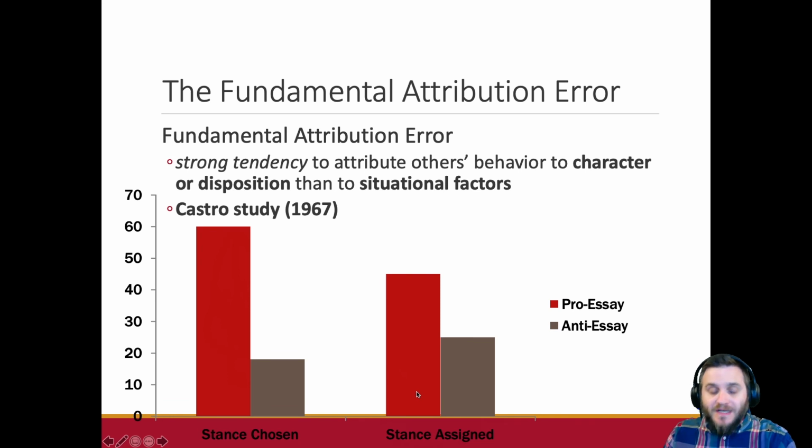Participants inferred that the author's true attitude matched the position advocated in the essay, even when told that the author had no choice in what position they took for the essay. And that's incredible. This is a statistically significant difference, by the way. So even though a correct attribution would be external in this case, the participants used internal attributions as the reason for the essay.